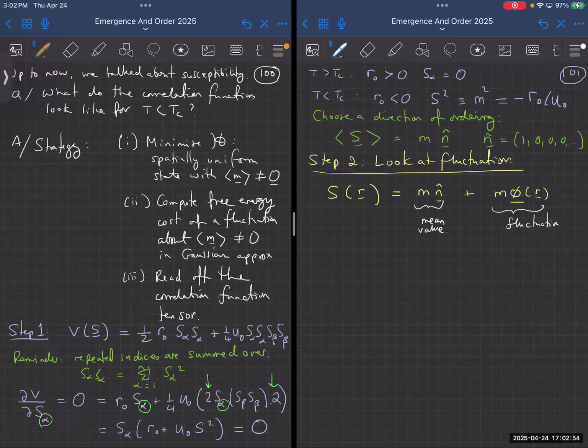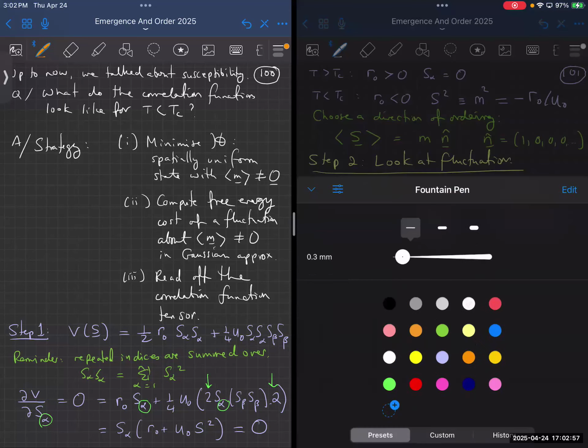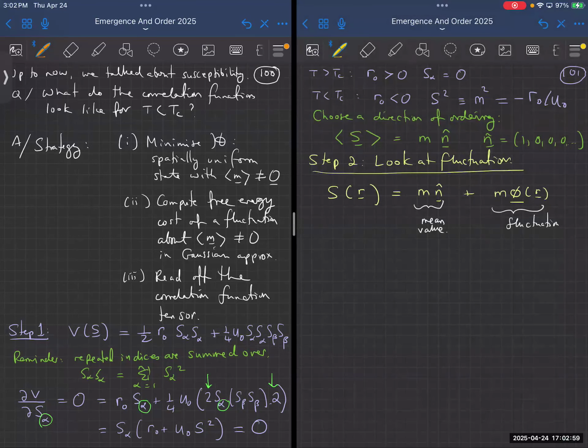Now what I'm going to do is break phi into a longitudinal and transverse part. There's a component phi 1, which is proportional to the direction of ordering, and then there's a component phi transverse, which is perpendicular to the direction of ordering, and this is a vector.